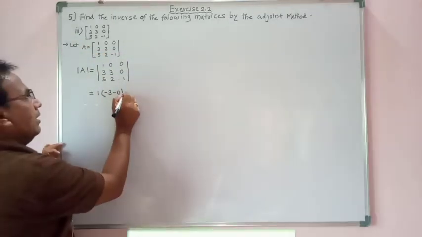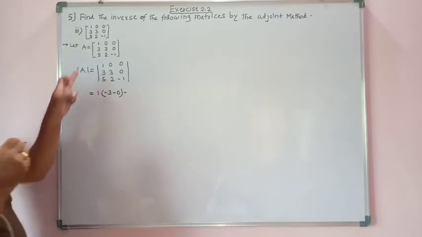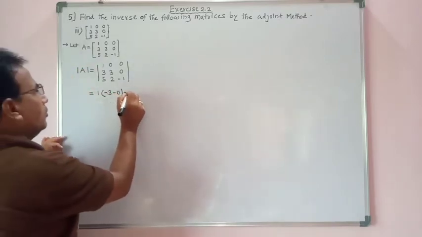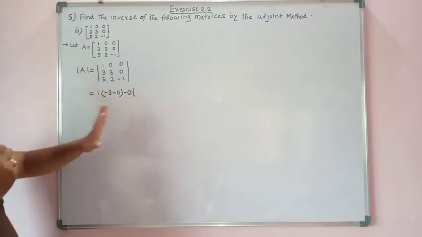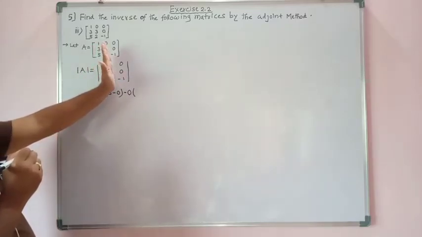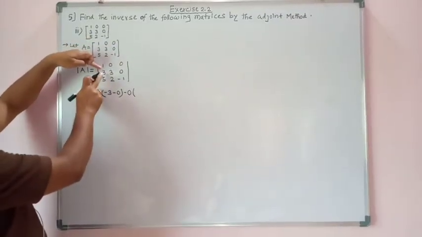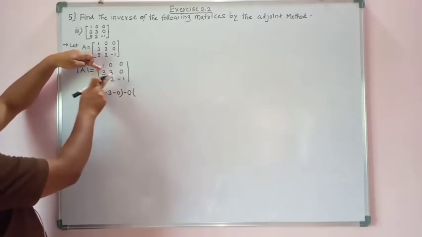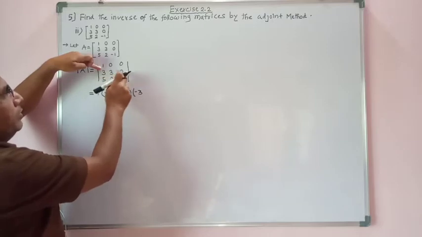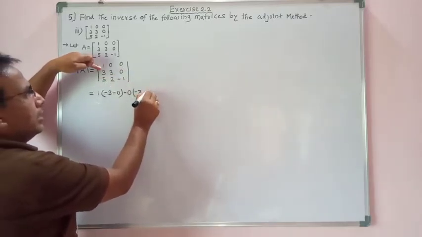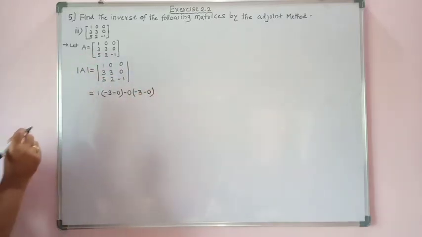The second element of the first row is 0. By the rules of determinants, the middle element is minus 0, leaving off the second column and first row: 3 into minus 1 minus 3 into 5 is 0.